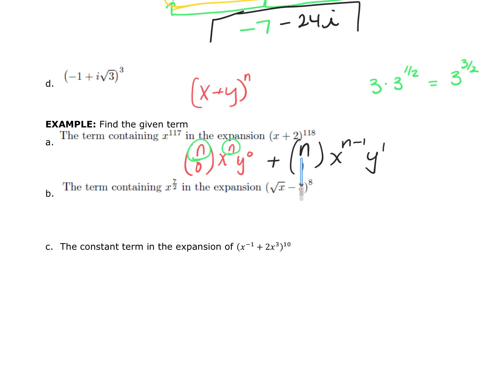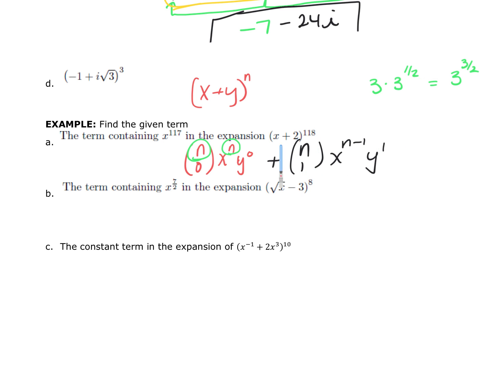Notice how when I do n choose 1, I have dropped a power. I have dropped 1 power. 117 is 1 power less than 118, so I only need to find that second term. And I'm clearly not going to write Pascal's triangle.